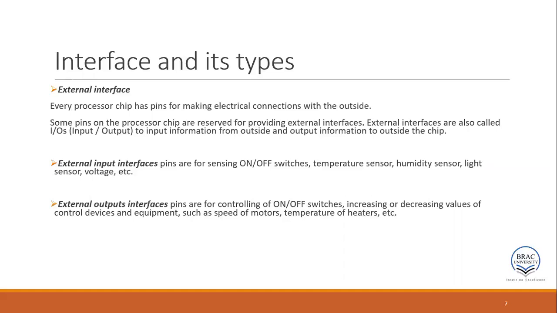Other examples are controlling on-off switches, increasing or decreasing values of control devices and equipment, etc. Let me give an example. If you connect a motor to an Arduino or microprocessor, you can use these processors to increase or decrease motor speed. That means exchange of information to outside devices, which are external output interfaces.